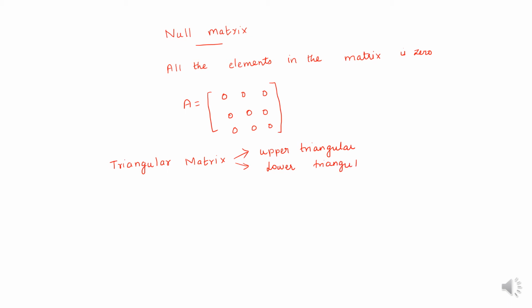So upper triangular na enna? A square matrix in which the element below the leading diagonal is zero. That is the upper triangular matrix.